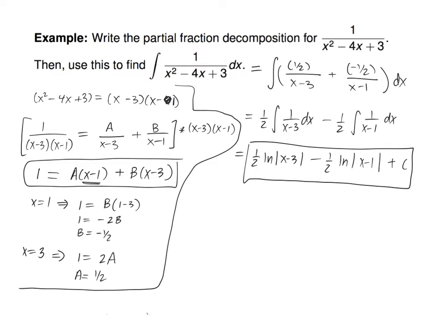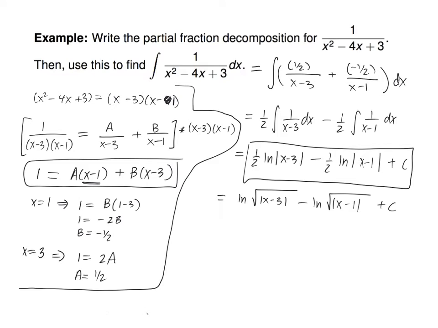Now I want to say one thing. Often, things like Wolfram Alpha and ways to check your answer are going to do simplification that you might find confusing. Remember that there are properties about logs? So what are these coefficients actually? Exponents. So this is also the same thing as ln square root absolute value x minus 3 minus ln square root x minus 1 absolute value. Do you agree with that?